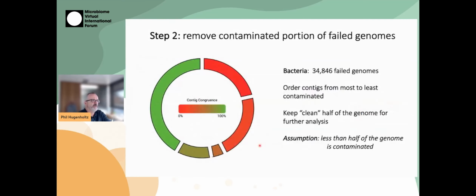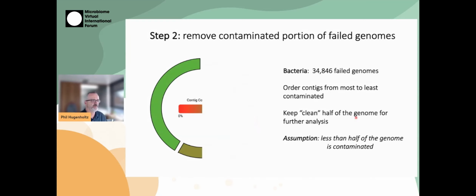And then, so again, just looking at the bacterial failed genomes, the 34,846 failed genomes, we order the contigs within each of the draft genomes, the failed genomes, from most to least contaminated. So here's the least contaminated or the most congruent, and these are the most discordant or potentially most contaminated. And then what we do is we keep the clean half, for further analysis. So our assumption here is that less than half of the genome is contaminated.